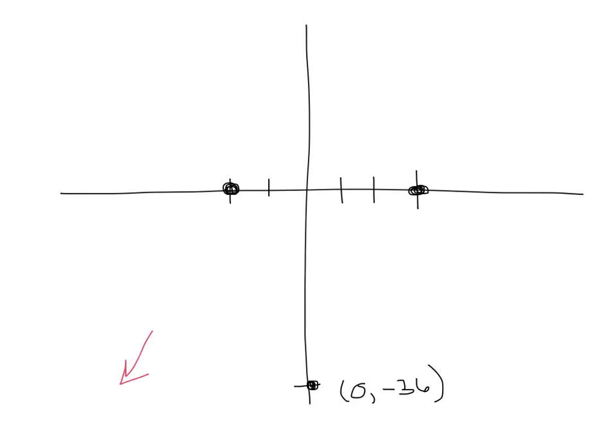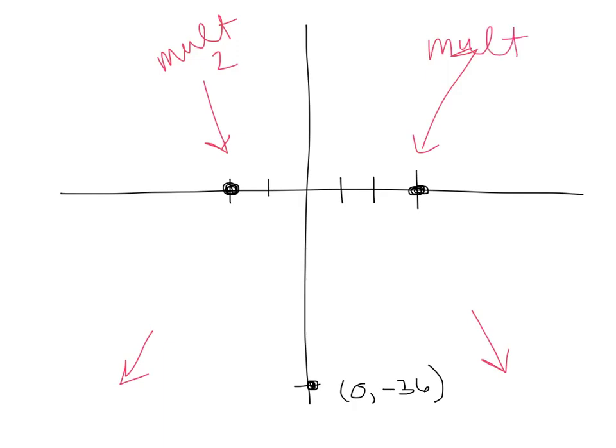And as x goes to positive infinity, f of x is pointing down. And remember, both of these have multiplicities of 2. So instead of going through the zero, it's actually going to bounce. So I'm going to come up, touch the zero, come back down. I'm going to go through the y-intercept, come up, touch my zero, come back down. And that is a rough idea of what the graph looks like.